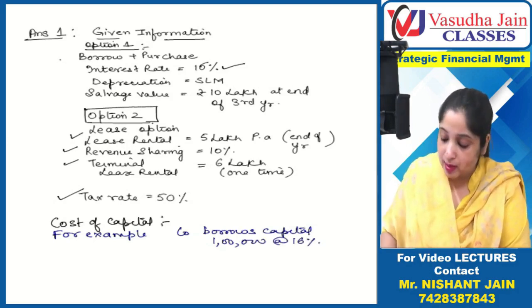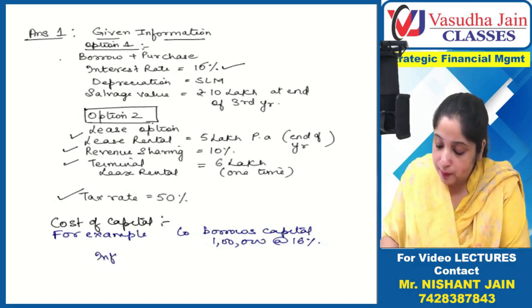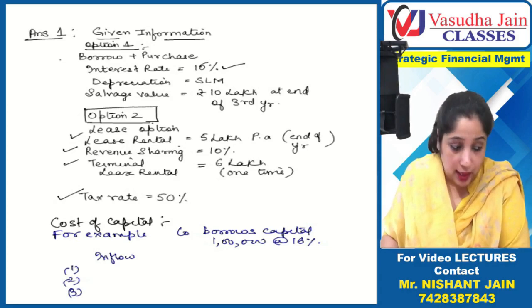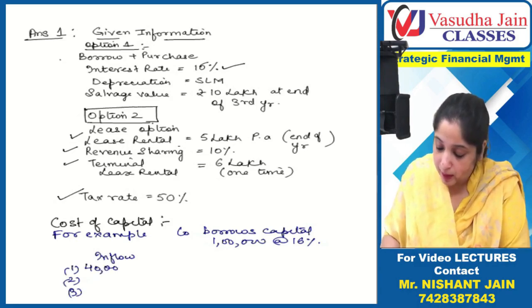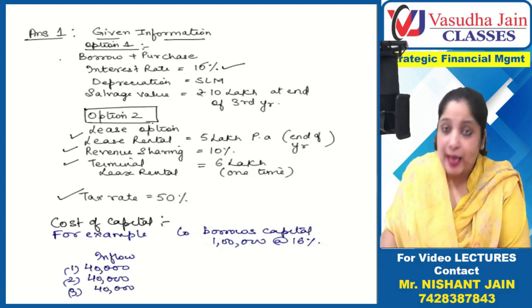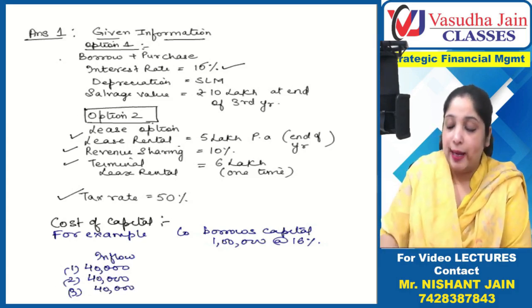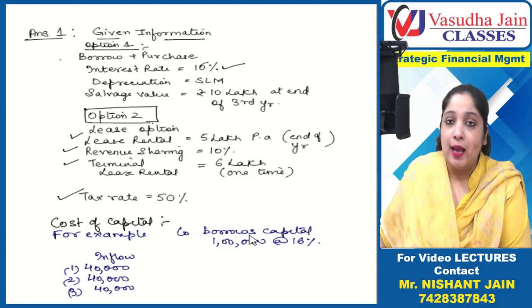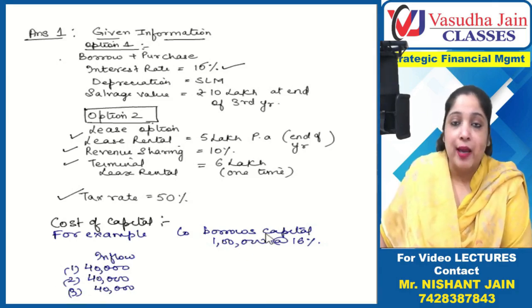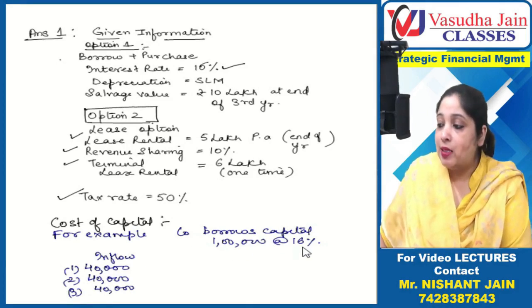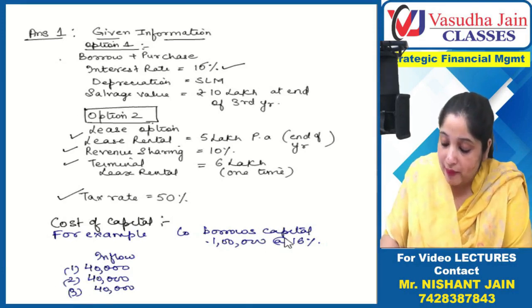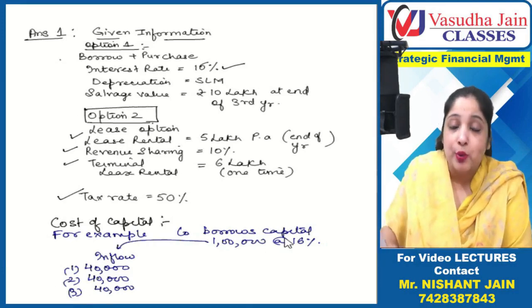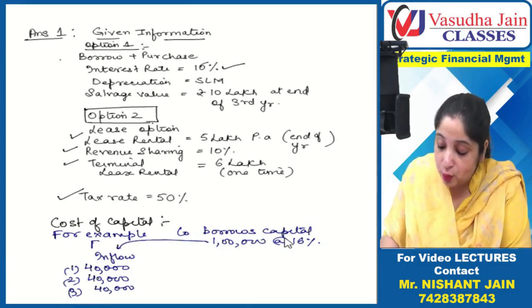At the rate of 16%, and inflows in the first year, second year, third year will be 40,000, 40,000. Now please understand, when I started teaching the basic concepts, I told you that this 1 lakh we have raised at the rate of 16%. Now I am going to invest this 1 lakh in a project which will give me inflows in future.